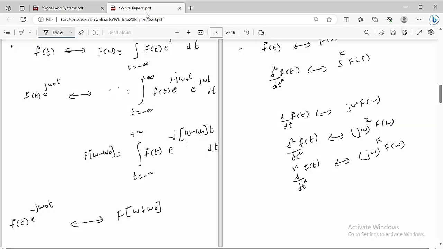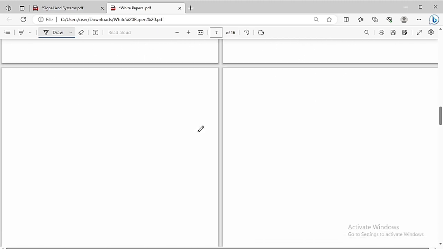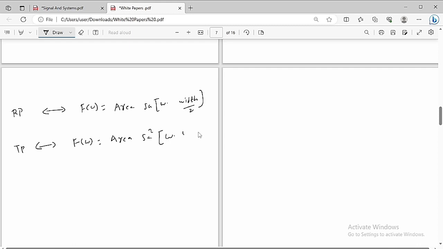Let me write the formulas so that you can easily understand. For a rectangular pulse, F of omega is equal to area into Sa of omega into width by 2. For a triangular pulse, F of omega is equal to area into Sa square of omega into width by 4.